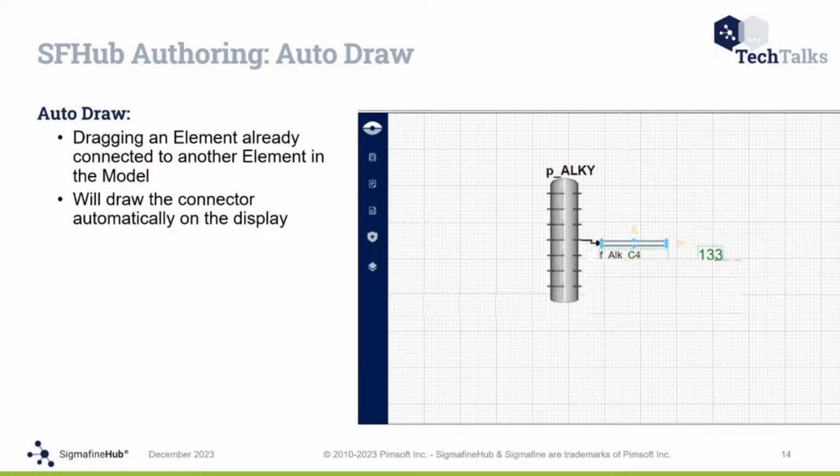In this example, there is this column, and I dragged a flow element, and the connector has been put in automatically because it does exist in the model. That's the auto draw principle.